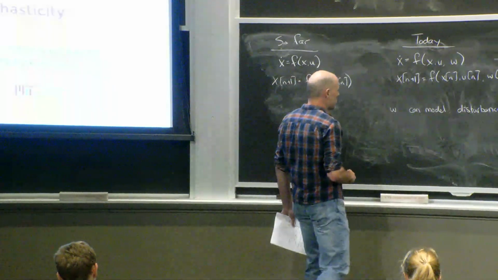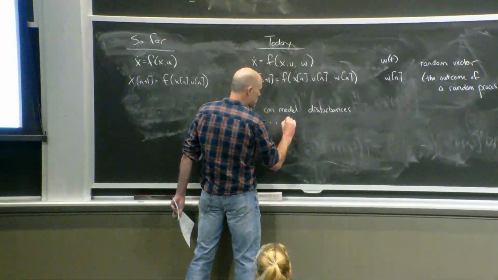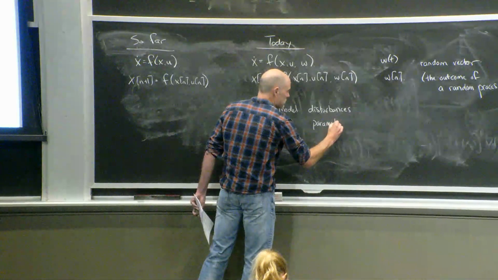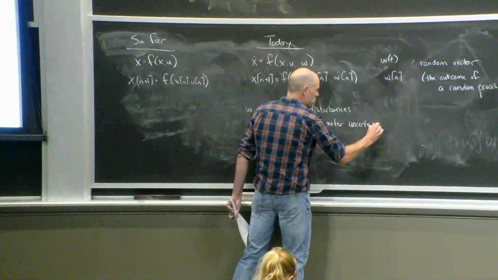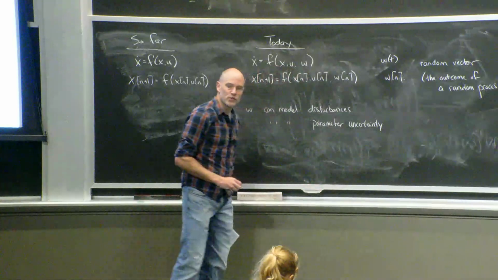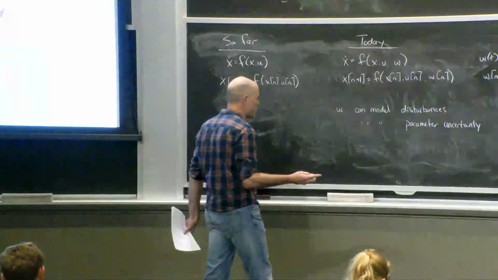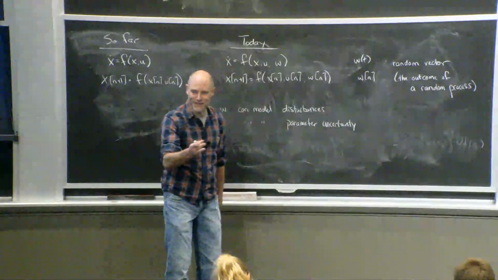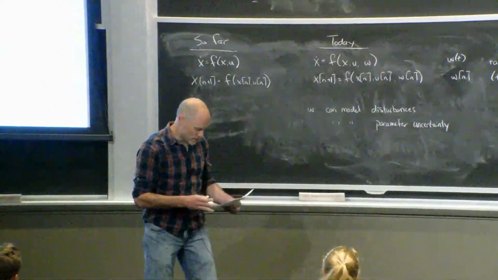It can also model parameter uncertainty. If you don't know the mass of your quadrotor or your biped, you can put it in like that. Maybe the effect of that is constant over time, but it certainly fits into this form.